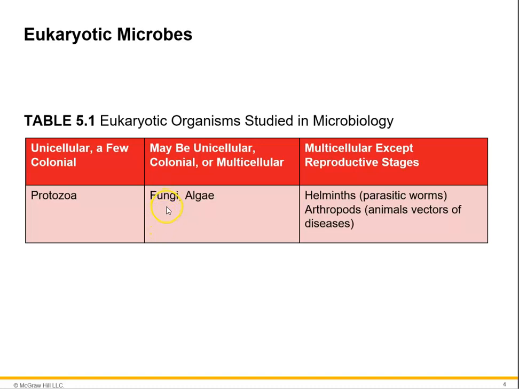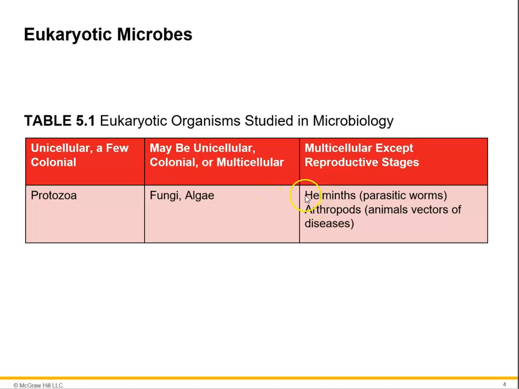Fungi can be unicellular or multicellular, as well as colonial. Fungi has a cell wall. We'll talk about what makes fungi's cell wall unique. Algae, this would be another example of photosynthetic eukaryote. And again, algae can be unicellular, colonial, or multicellular.